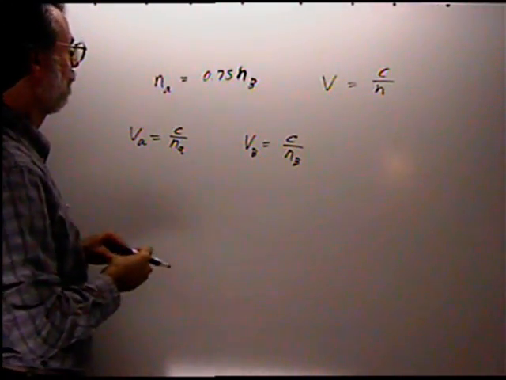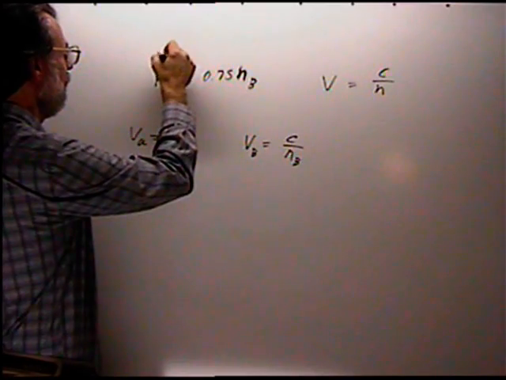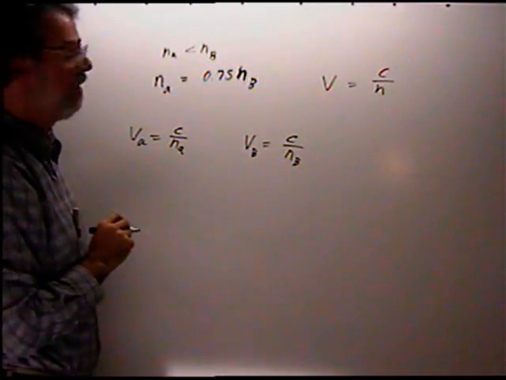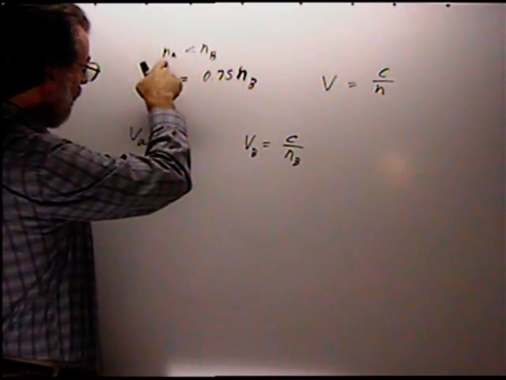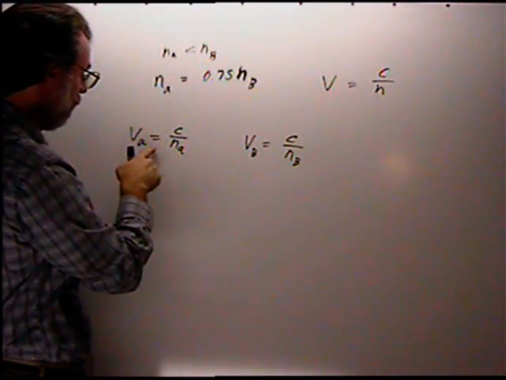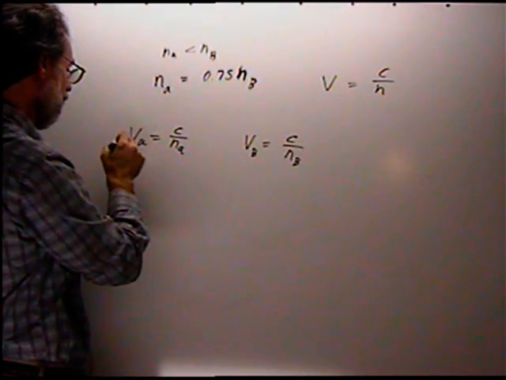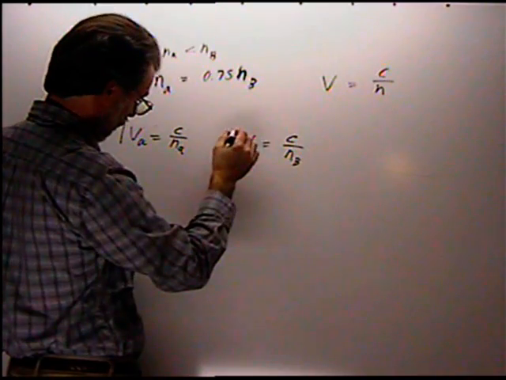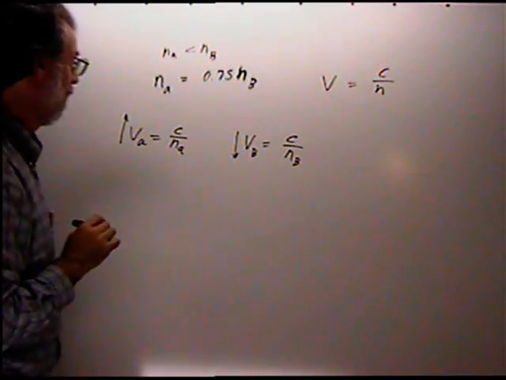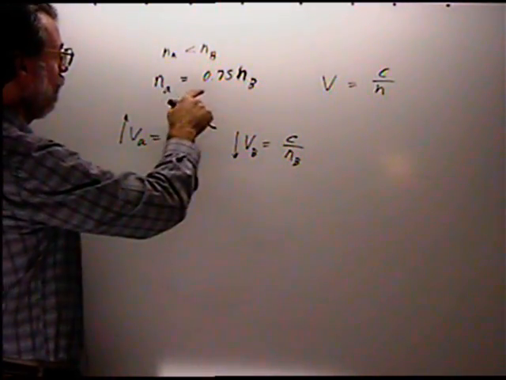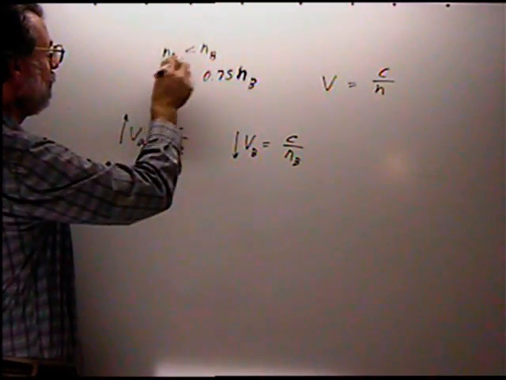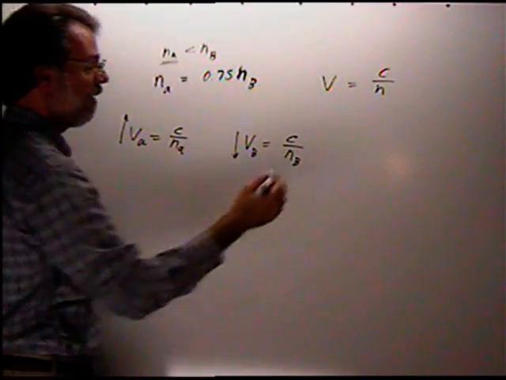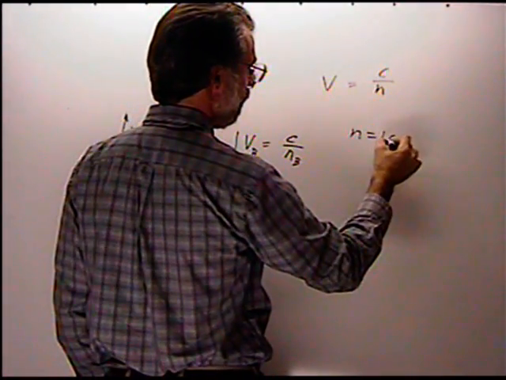So nA is smaller than nB. If nA is smaller, that's going to make this velocity higher. This number is larger than that, so that's going to make this number lower. When you have a smaller index of refraction, now remember, the smallest it can be is 1.